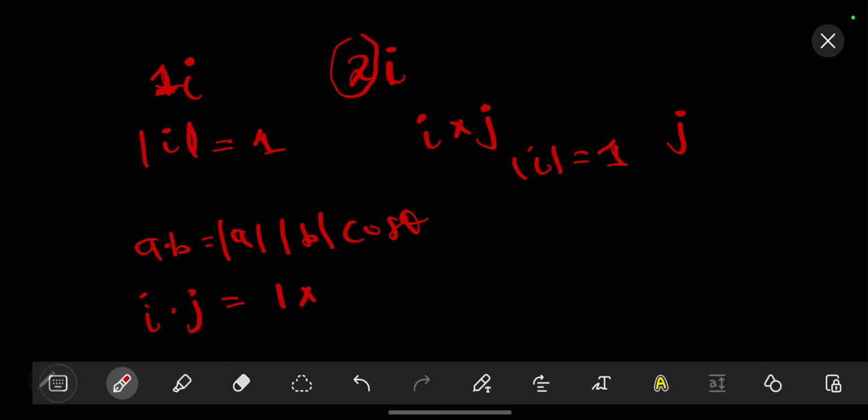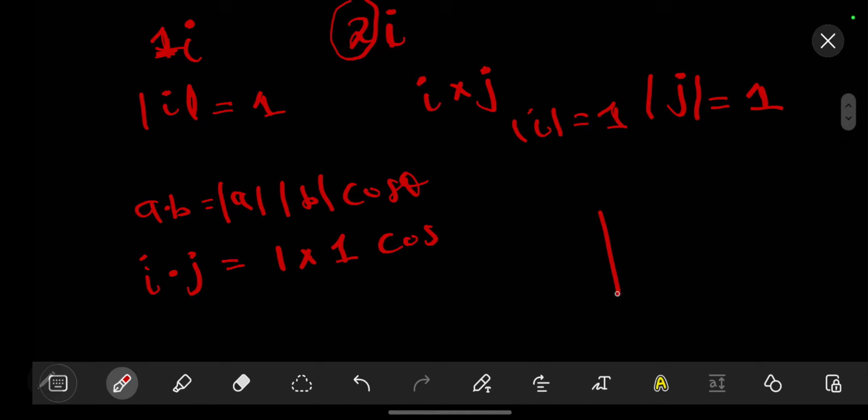We have i dot j. When we find the magnitude of just the j, this one is equal to 1. So times 1, then times the cosine of, if you look at how we drew them, your x and your y will have 90 degrees in between them.